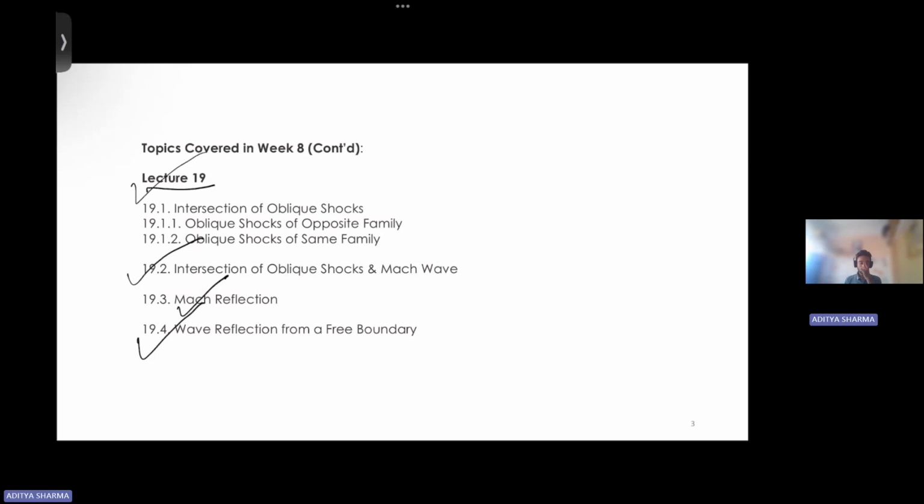And the opposite is for the expansion waves: if there are expansion waves and there is a free boundary, they reflect as an oblique shock. So vice versa.